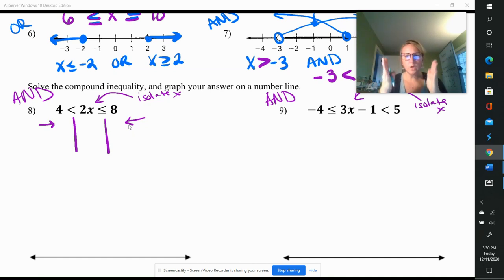So those two inequality symbols kind of create three parts to this inequality. So we're multiplying x by 2 in the middle. So to isolate, we'll divide all three parts by 2, and then just simplify.